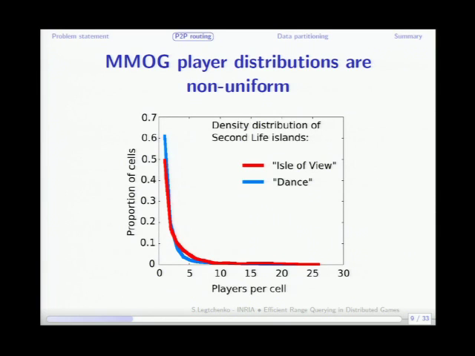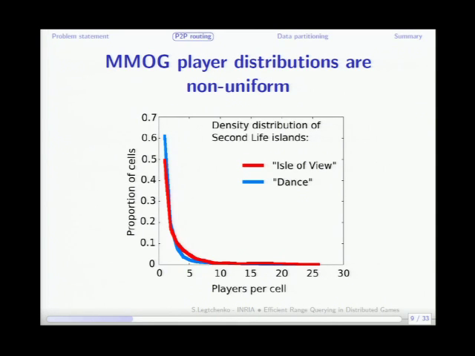Unfortunately, we have evidence that the distribution inside existing MMOGs is highly imbalanced. Here, for example, is a basic analysis we did on traces from Second Life, which is a popular MMOG. We divided the game space into cells and counted the number of players inside each cell.